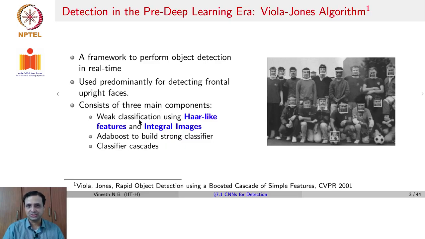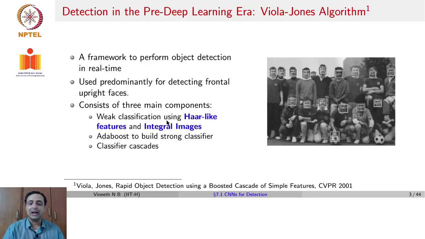The main contributions of this work were that they performed weak classification using what are known as Haar-like features. We will see what these are in the next slide. They also introduced a very powerful idea known as integral images, which helps make computations of such Haar-like features significantly faster, as we will see.